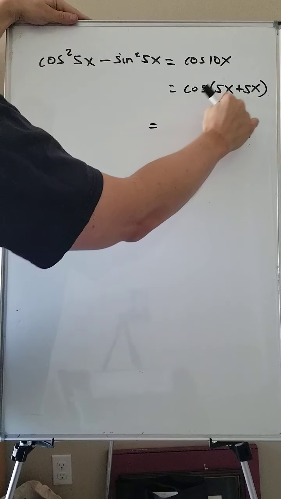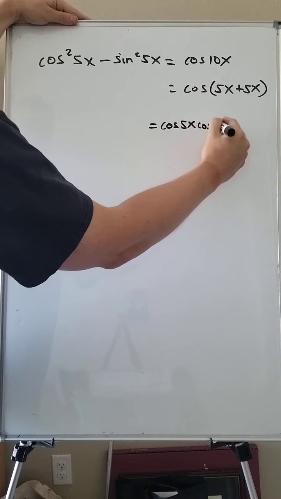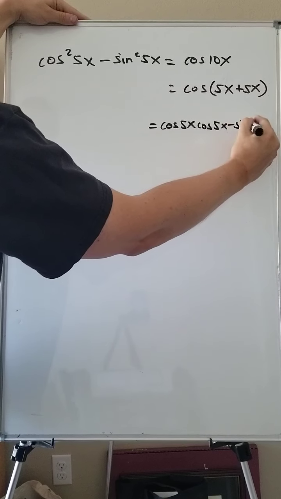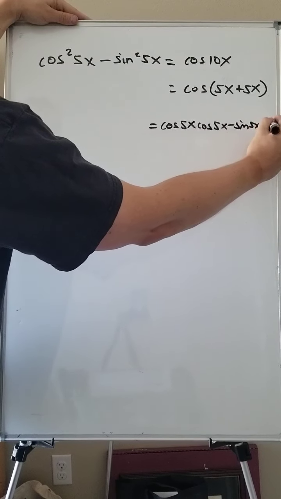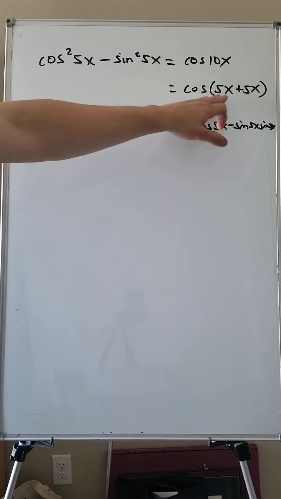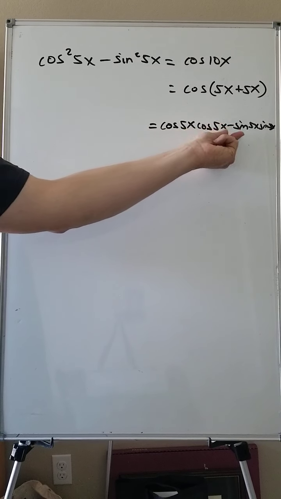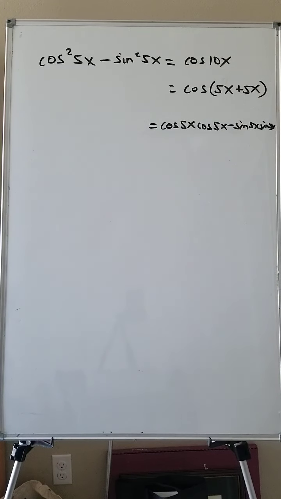If I have the cosine of a plus b, that's the cosine of a times the cosine of b minus the sine of a and the sine of b. And since a and b are both 5x, I get cosine 5x times cosine 5x minus sine 5x times sine 5x.